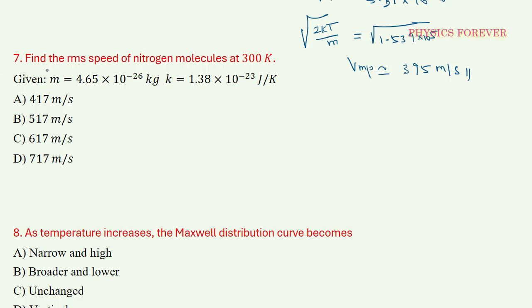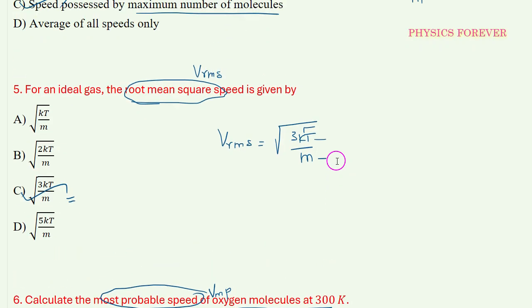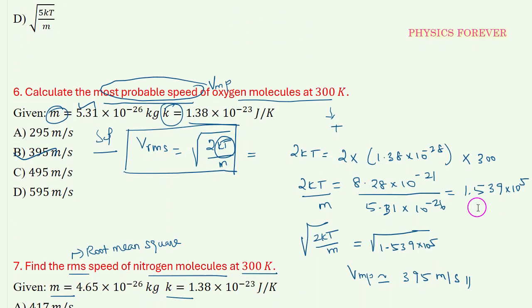Next question: find the root mean square speed of nitrogen, with the temperature T and mass given. The formula for root mean square speed is root of 3kT by m.